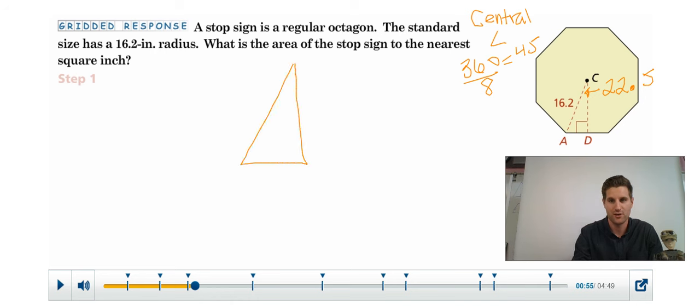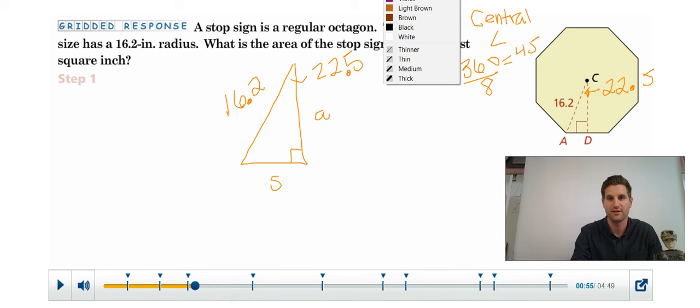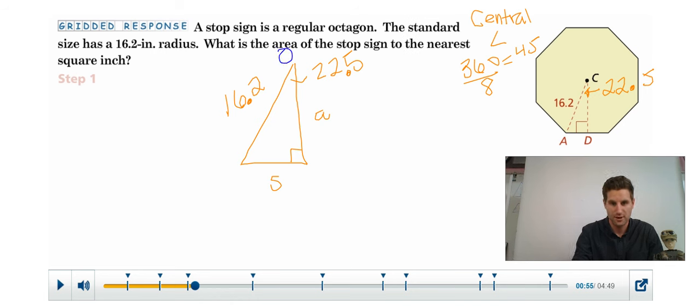We have 16.2, we got 22.5. Here's my 90. I want to find my apothem, and I also want to find my opposite side. So we'll call this S for now for side length. Okay? So let's go ahead and I'm going to pick a different color here. Let's go blue. So eyeballs up here on the angle, we're given the hypotenuse. Let's find our apothem first.